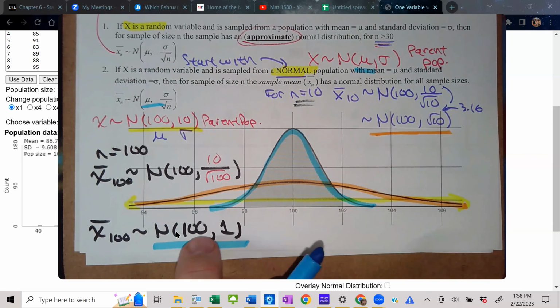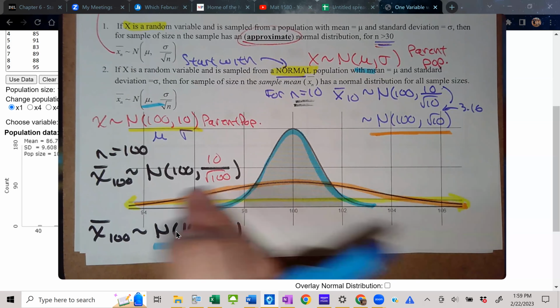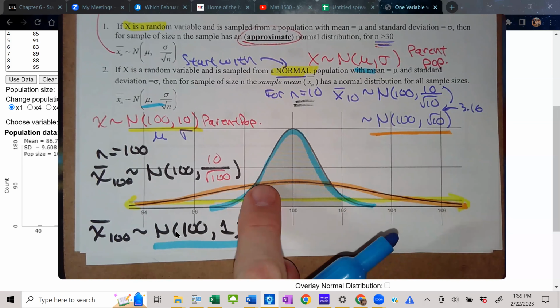So if you're trying to guess, based on your sample, what the population mean could equal, you have a real good chance with a larger sample size of coming close to your population mean. Now, if you're using this distribution, samples of size 10, you can take a look here. There's not as much area underneath this curve.